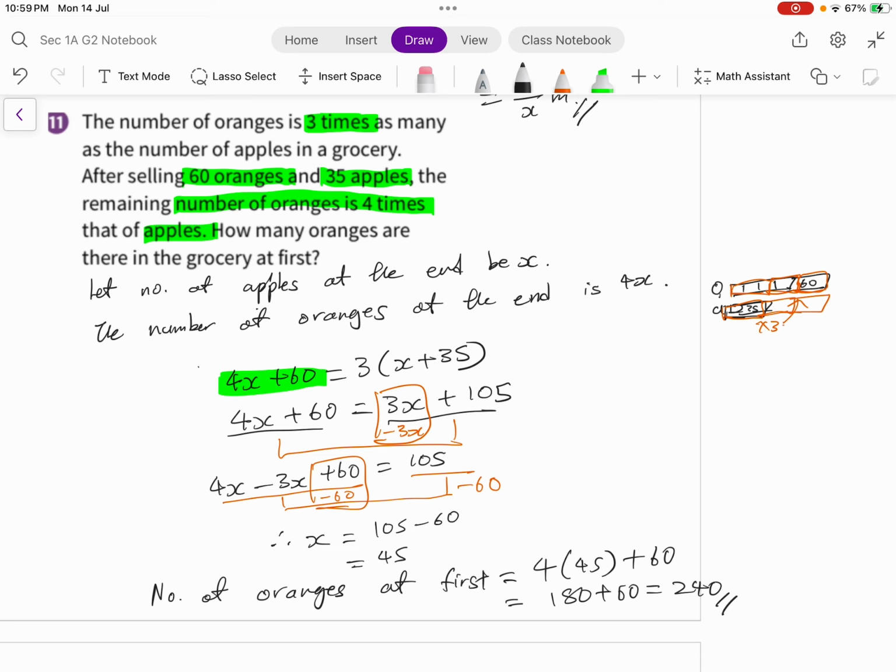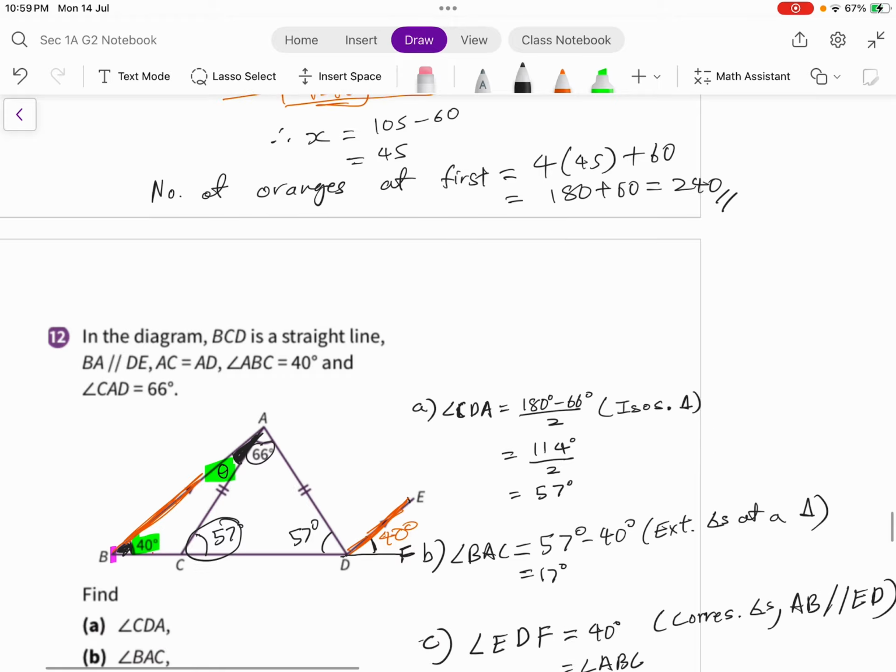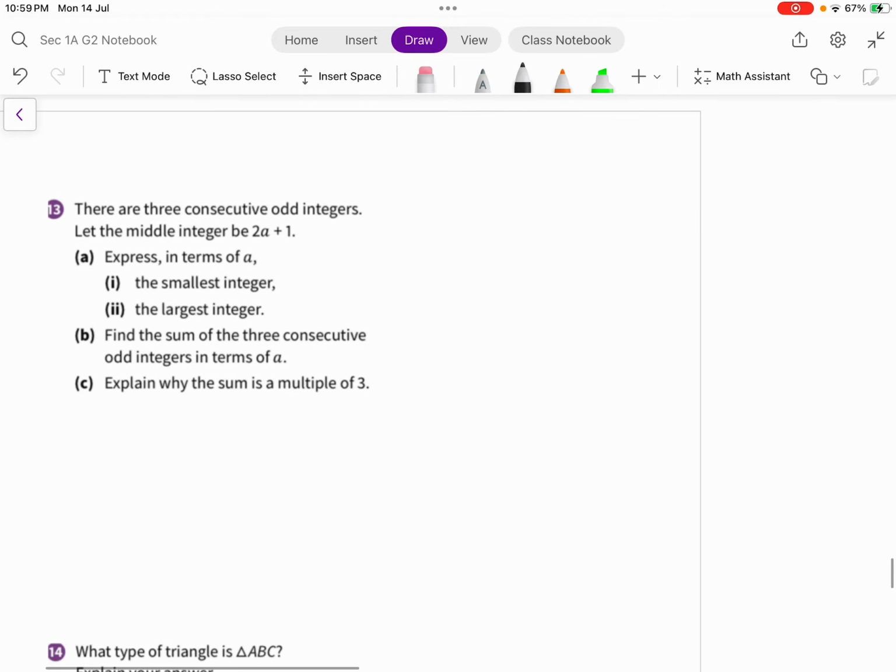So in the end, this was an algebraic question. Okay, moving on to the last two questions.